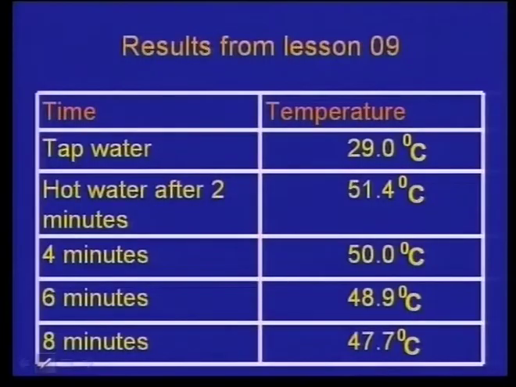What we have on the screen now is the result from lesson number 9 on measuring time and temperature. I would like you to copy those results down into your student activity book. Do that now. I will give you 2 minutes.